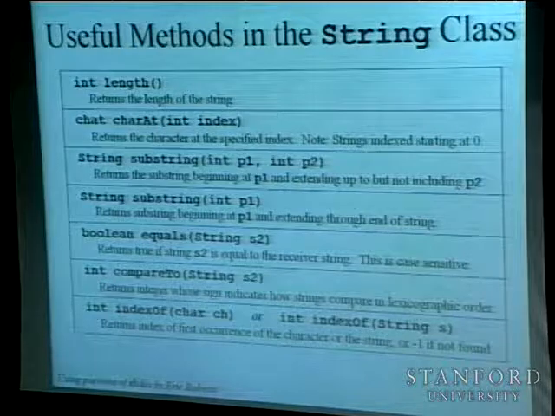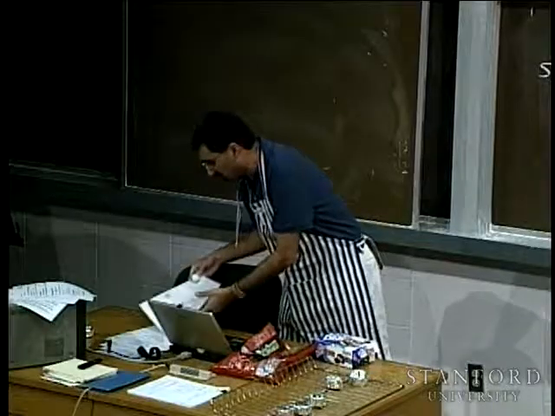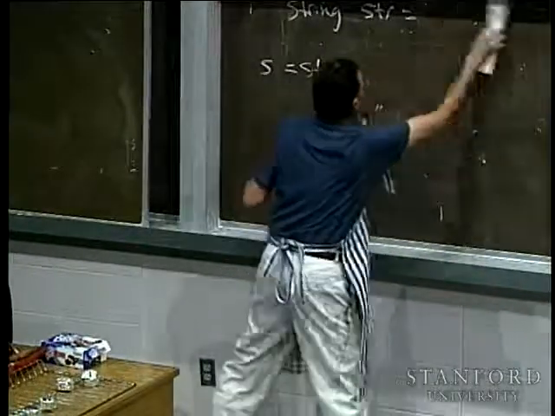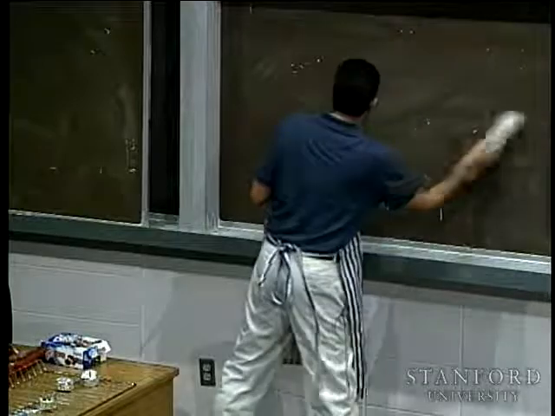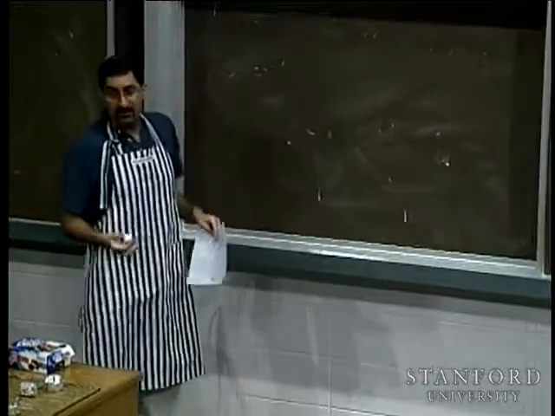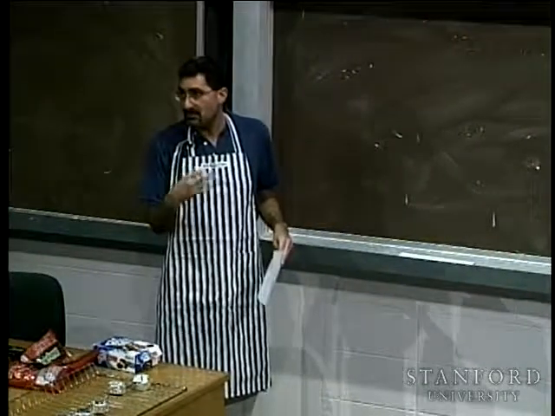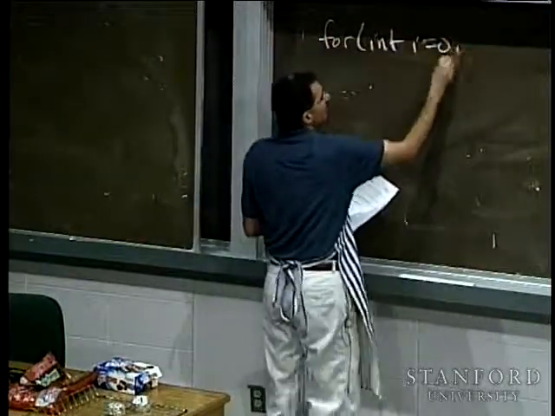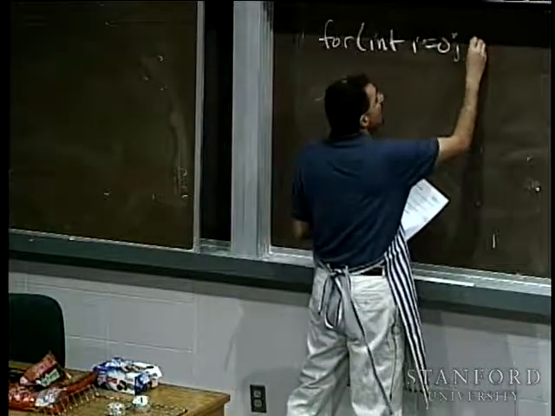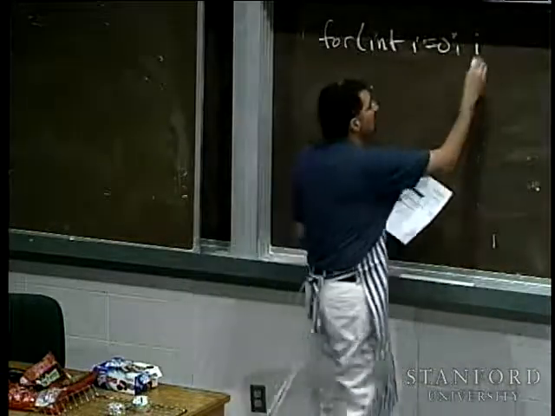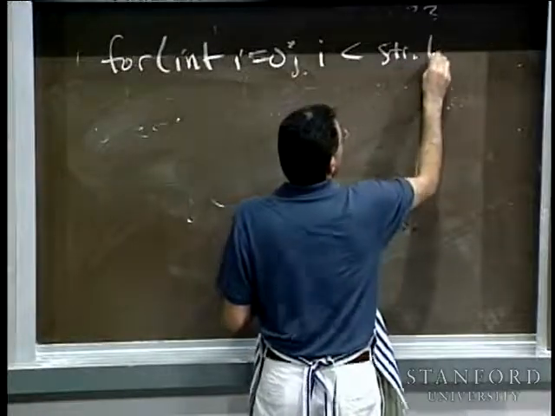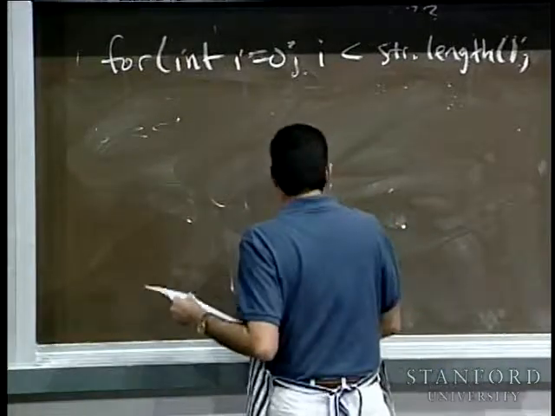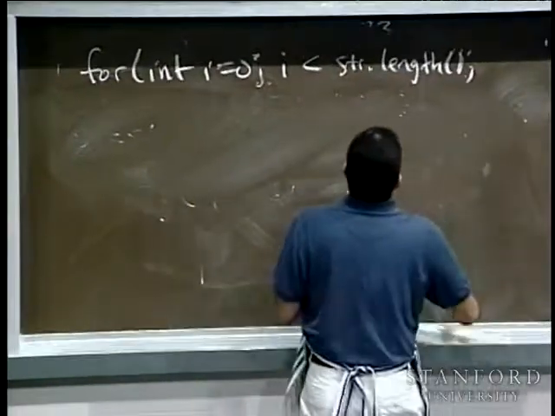Okay? So just a few things that you should see, and we can put these together in some interesting ways. So let's actually do that. One of the things that's common to do is iterate through a whole string to do something on every character in the string. So you might have some for loop with int i equals 0. You're going to count up to the length of the string. So if our string is called str, we'd say as long as i is less than str's length, and then we would add our little friend, the i++, out here at the end.